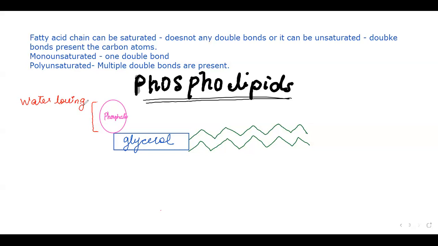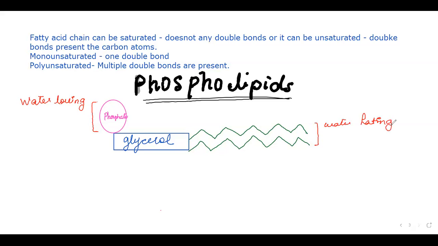There are portions of the molecule that love to be in the water, that are highly soluble in the water. And then there are portions of the molecule that actually hate to be in the water. They're literally water hating. And what portion of the phospholipid is that? The fatty acid chains. They want to be as far away from the water as possible.